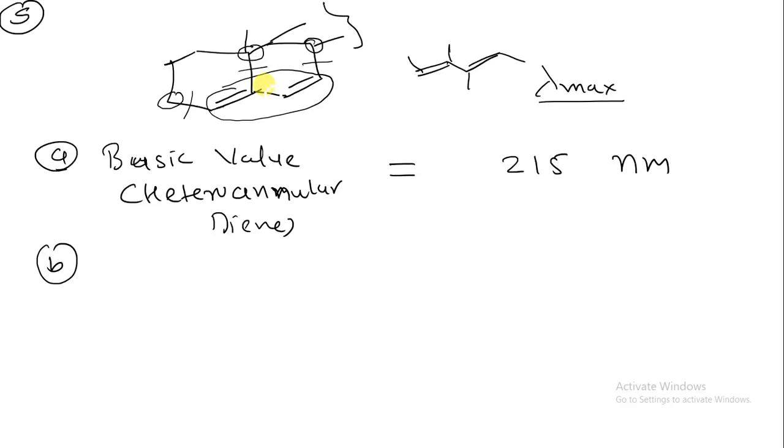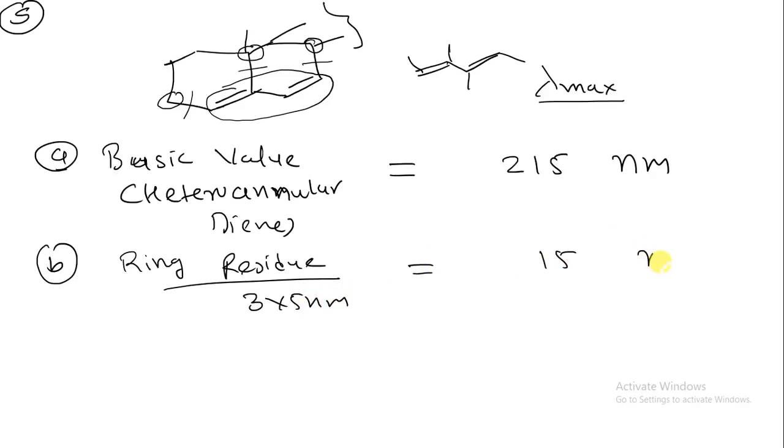So how many parts you have to cut down to get your parent chain, that is also your ring residue. So I am writing down here ring residue, there are 3 ring residues present, so 3 into 5, that is 15 nanometer.